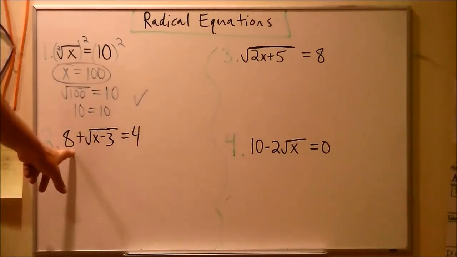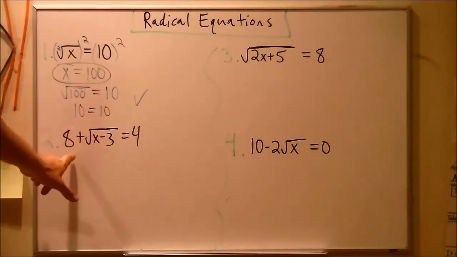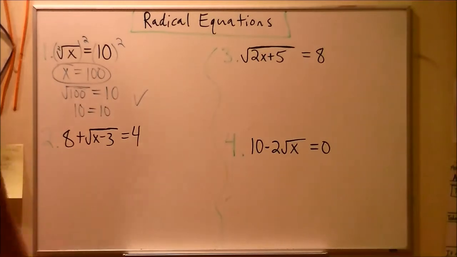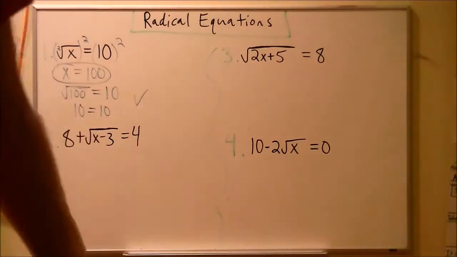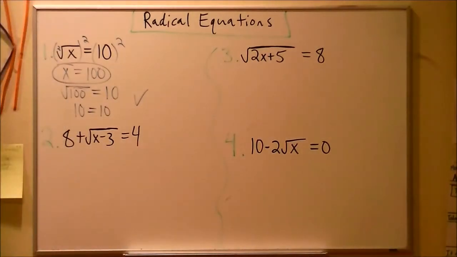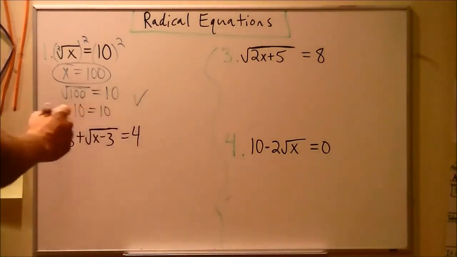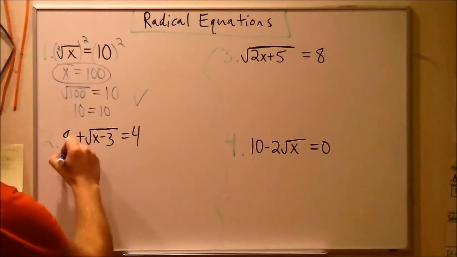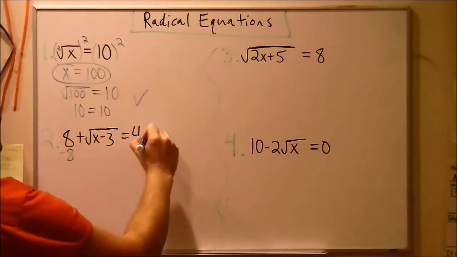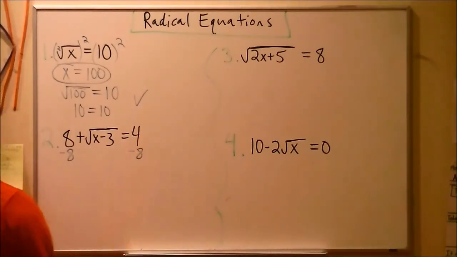The first thing I have to do is get rid of what's detached from the entire square root process, and that is a positive 8. How do I get rid of a positive 8 that's just sitting there? I subtract both sides by 8.